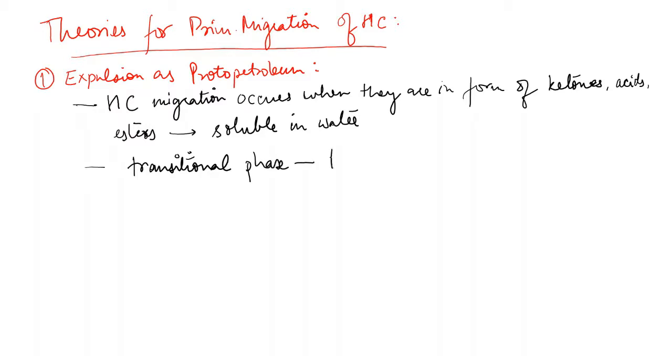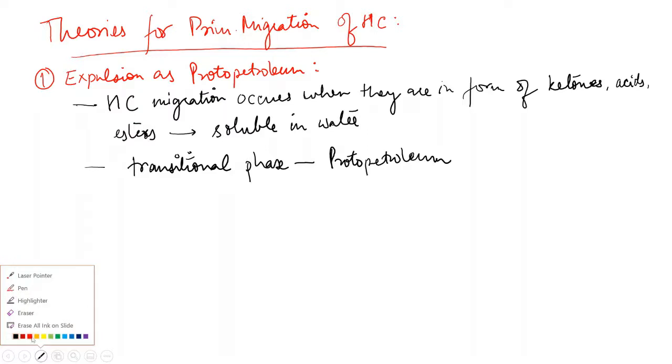This transitional phase is known as proto-petroleum. But you can now guess that this theory is not very correct. It is having a lot of problems, so many people have now discarded this theory, which is obviously very logical.